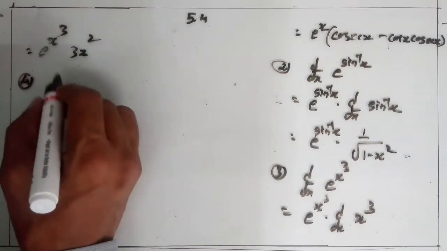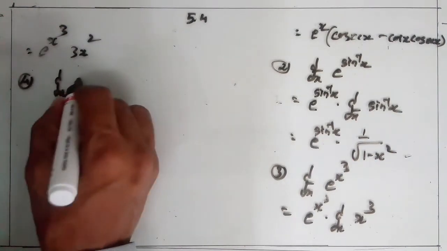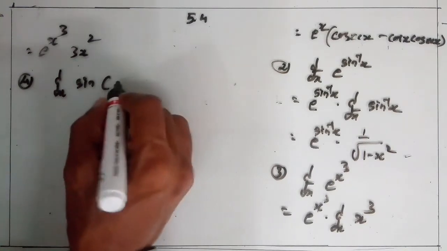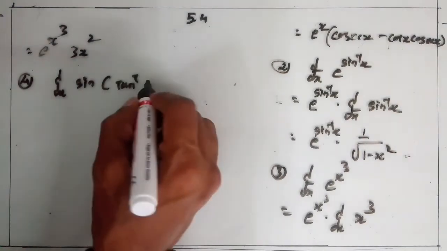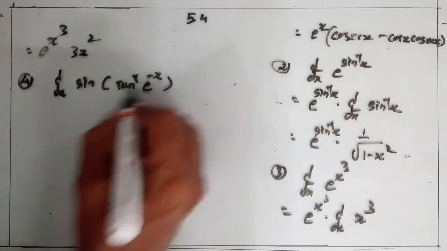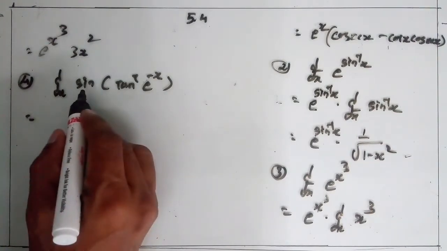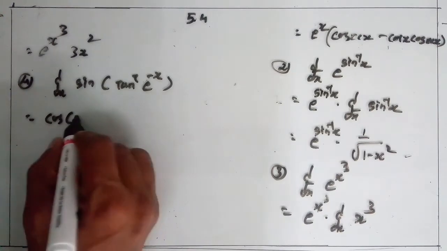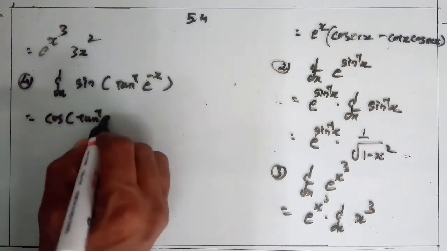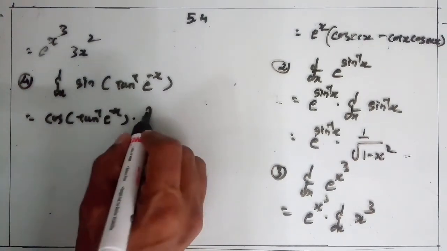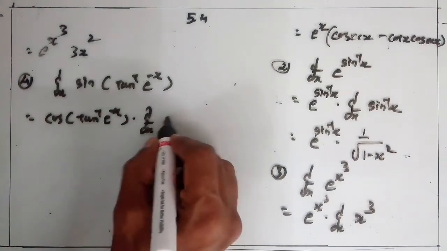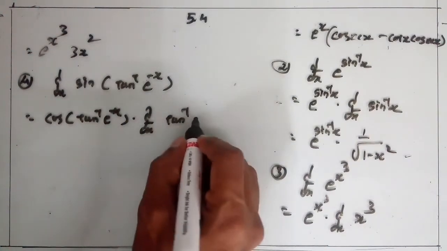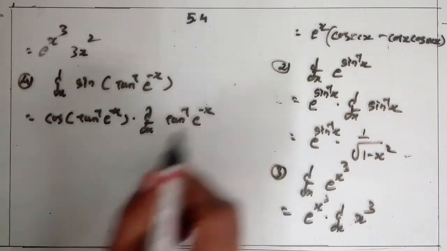Number 4. Find the derivative of sin of tan inverse e raised to minus x. First we take the derivative of the sine function. The derivative of sin is cos, write the same term, tan inverse e raised to minus x, into the derivative of tan inverse e raised to minus x.